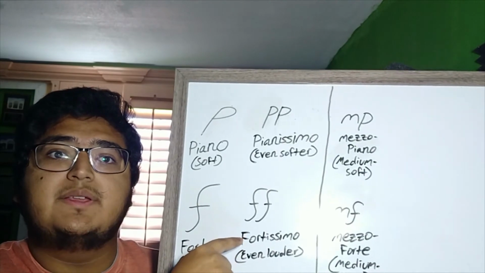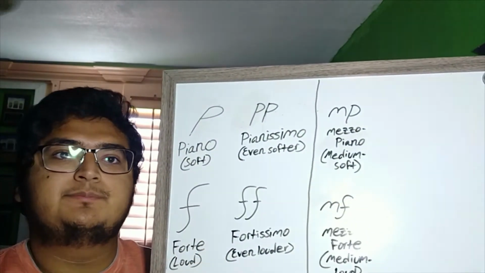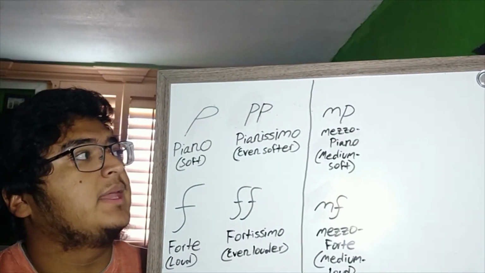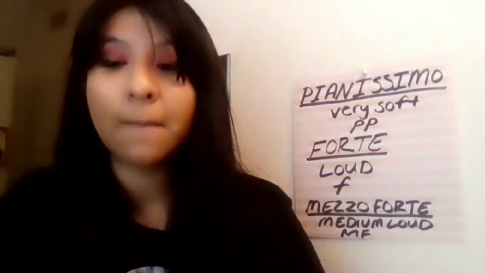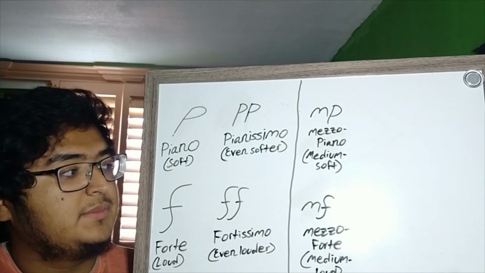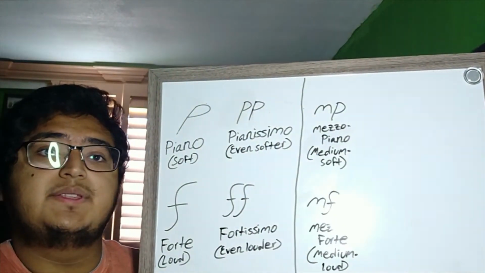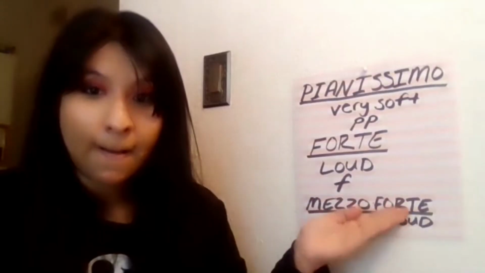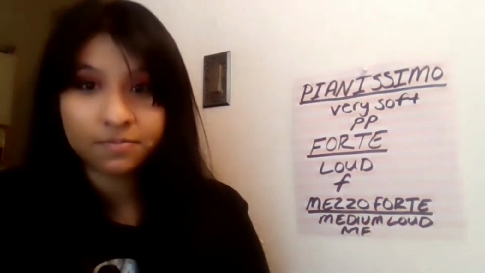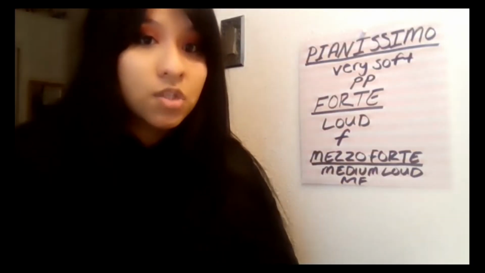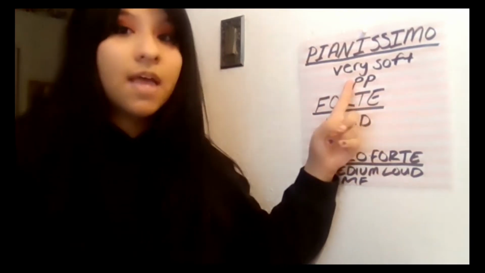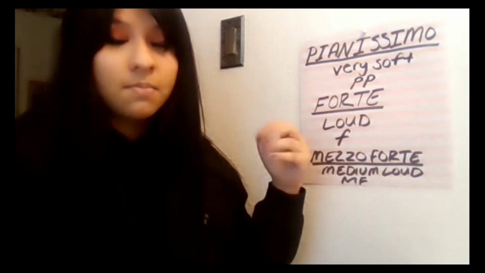Double F is fortissimo, fortissimo. MP is mezzo piano, mezzo piano, and MF is mezzo forte, mezzo forte.